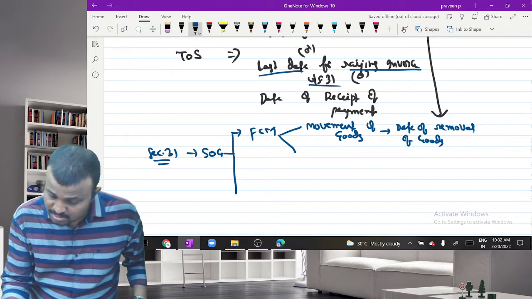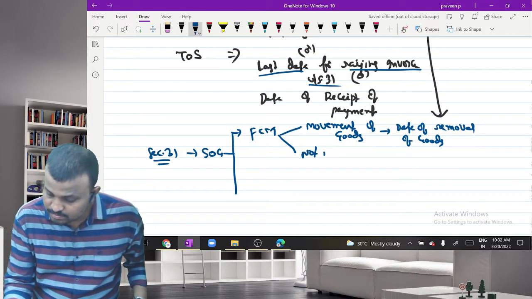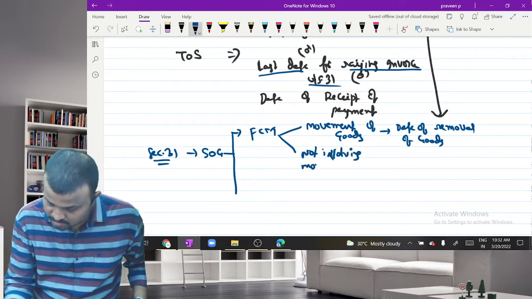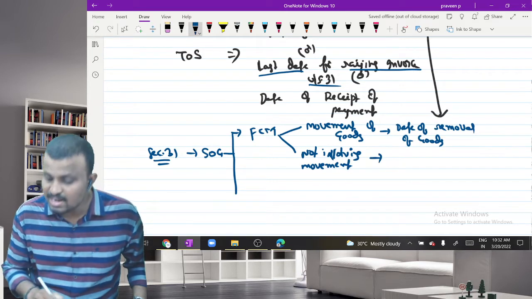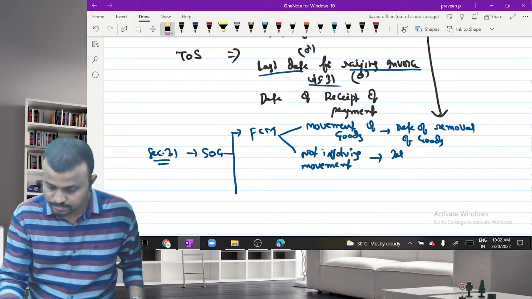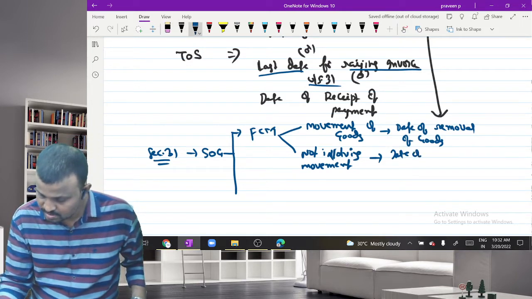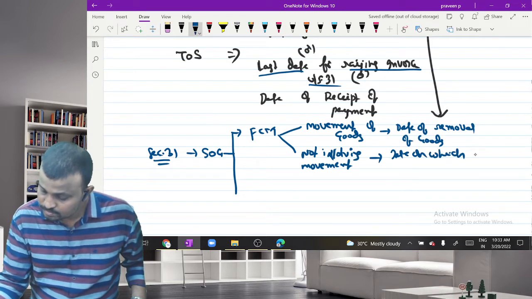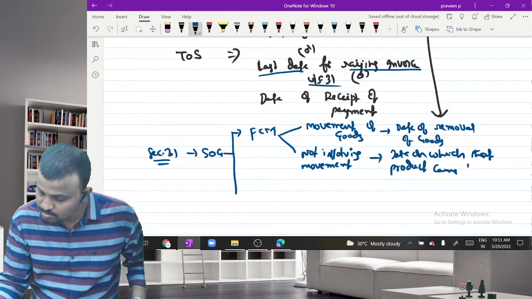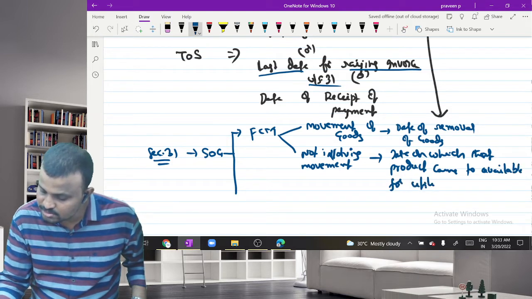So, for example, if the goods are not involving movement of the goods, then the last date is nothing but the date on which the product came to be available for utilization.